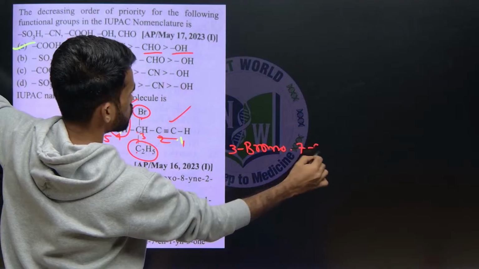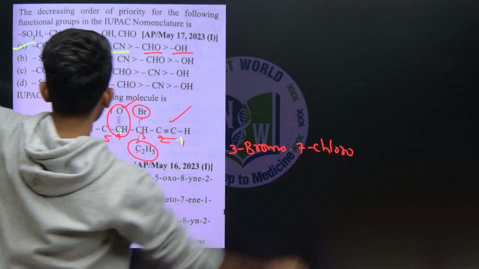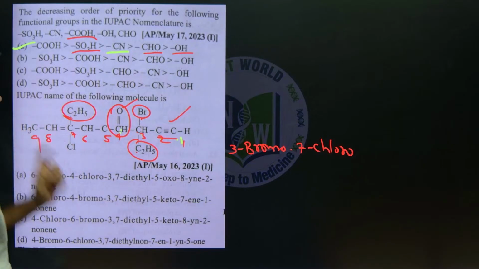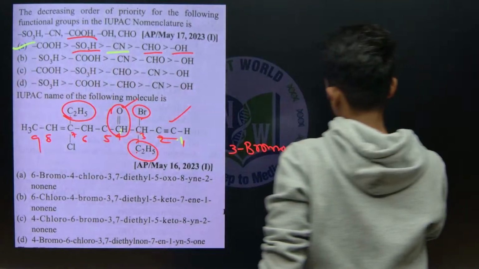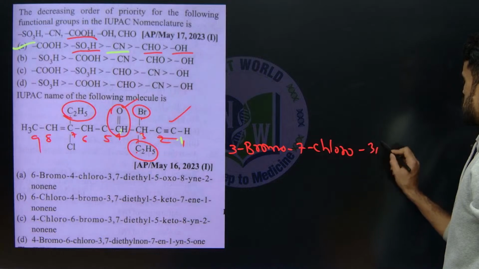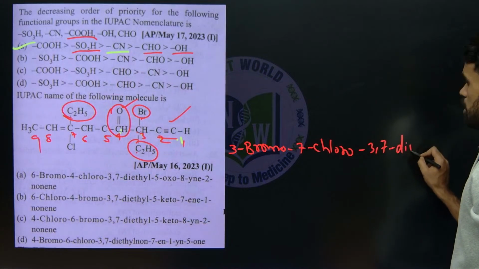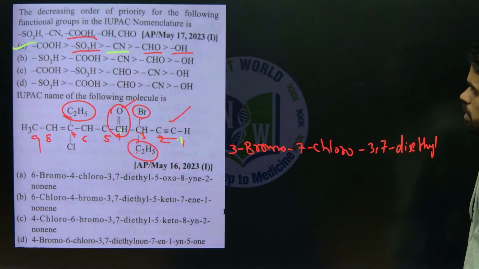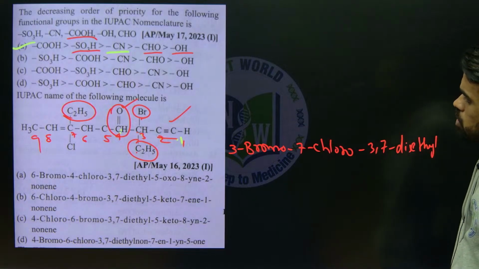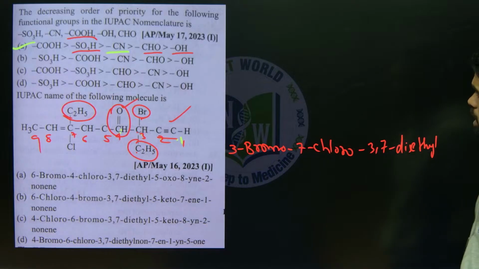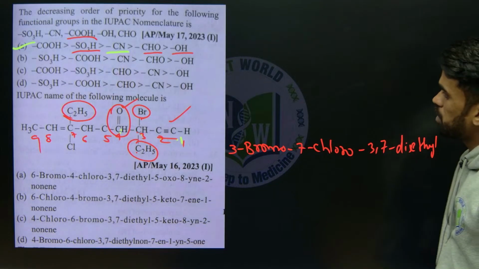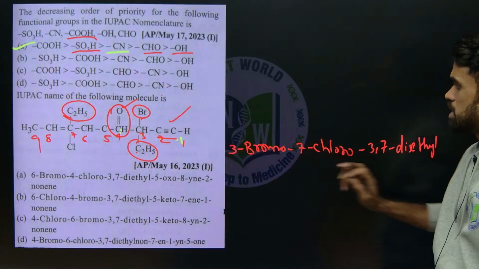7 chloro, and then next 3, 7 dimethyl, 3, 7 diethyl. Next, how many carbons? No name right now. So diethyl. Name should be alkenyne type. It means first double bond, then next triple bond.